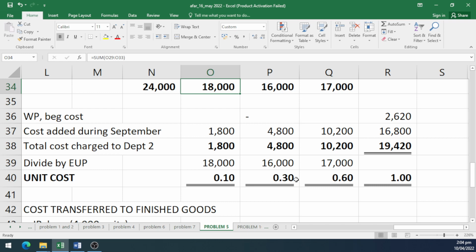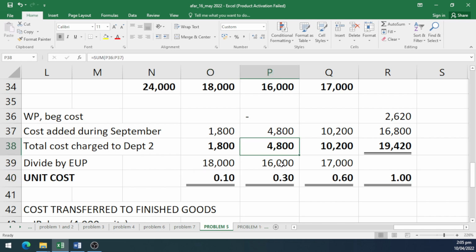Pero sa pag-compute ng unit cost, current period cost added lang. Kasi ang kinompute din natin na EUP, current period work done rin lang. So cost added during September for transferred in, divide by EUP 18,000.